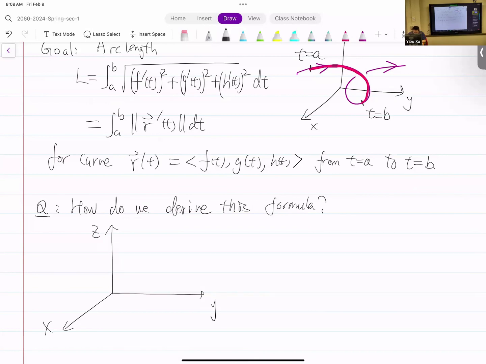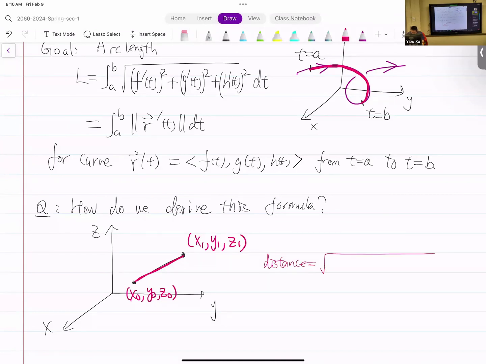In three-dimensional space, if you are given two points and you draw the straight line between them, and the coordinates are x0, y0, z0 and x1, y1, z1, then you know the distance between them. The distance equals the square root of (x1 minus x0) squared plus (y1 minus y0) squared plus (z1 minus z0) squared.